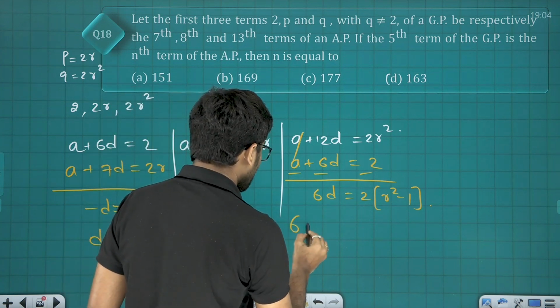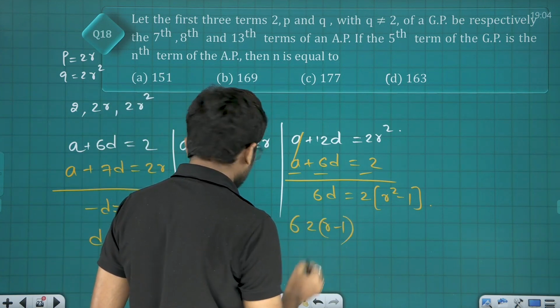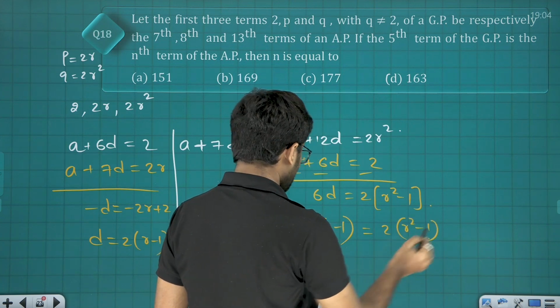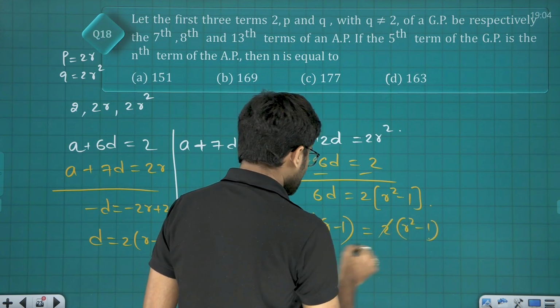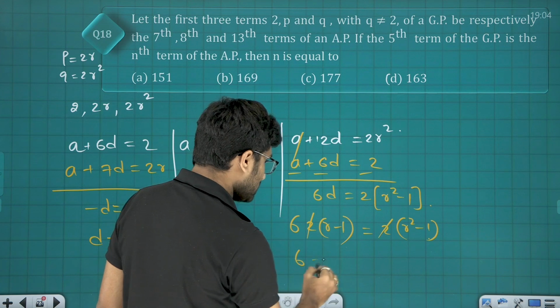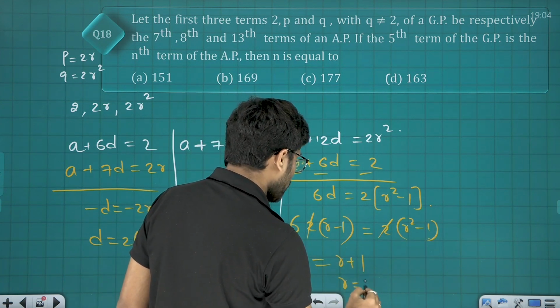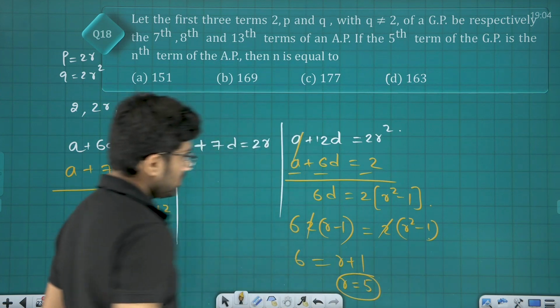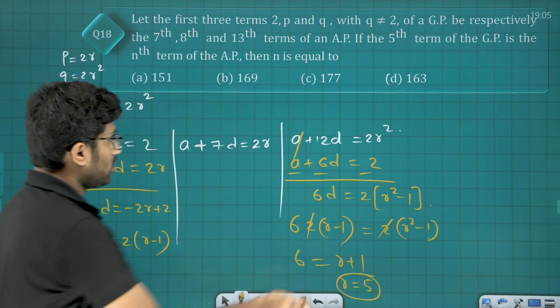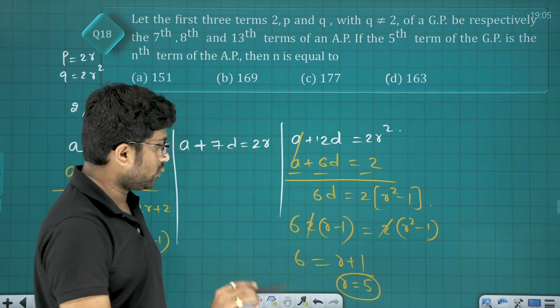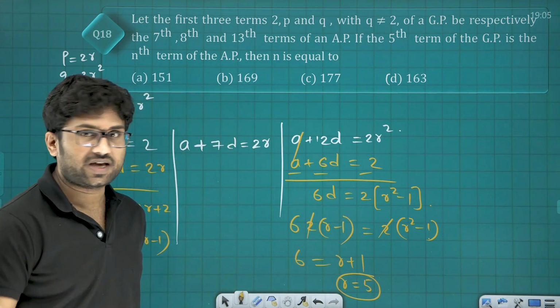So 6 times 2 into r minus 1 equals 2 times r square minus 1. 2 cancel, r minus 1 cancel, 6 equals r plus 1. So r is equal to 5, friends.